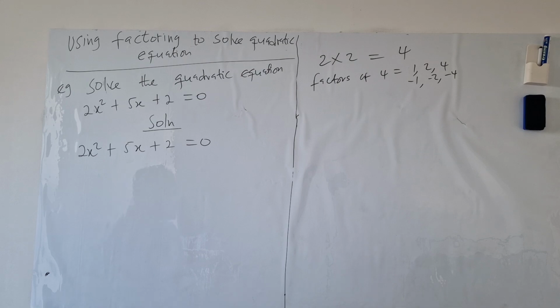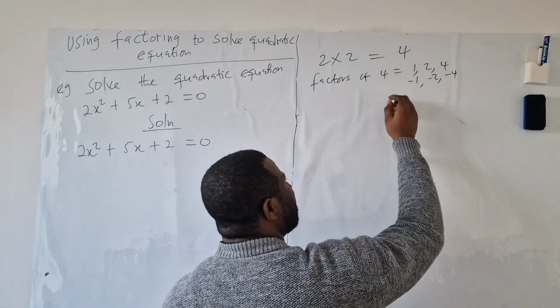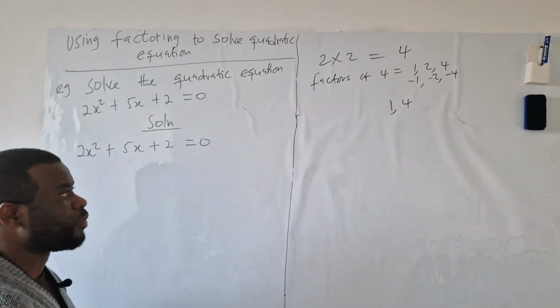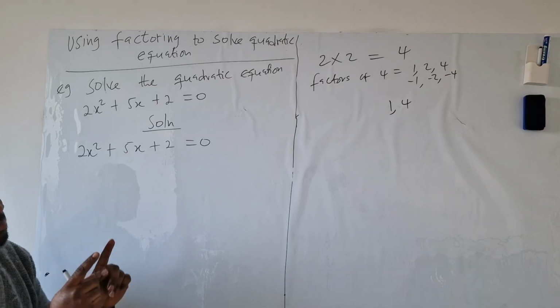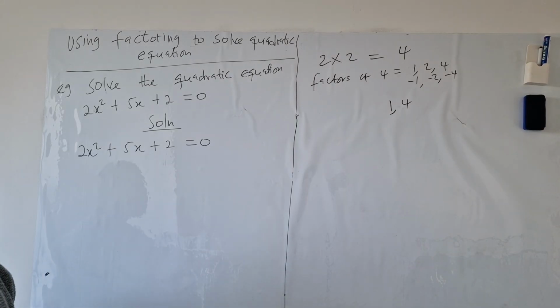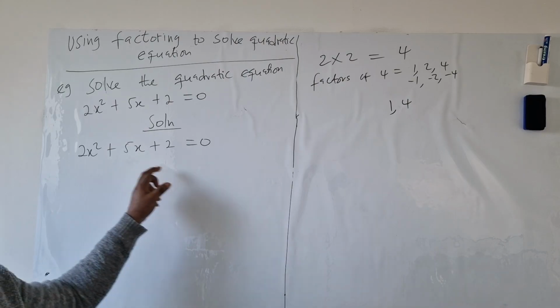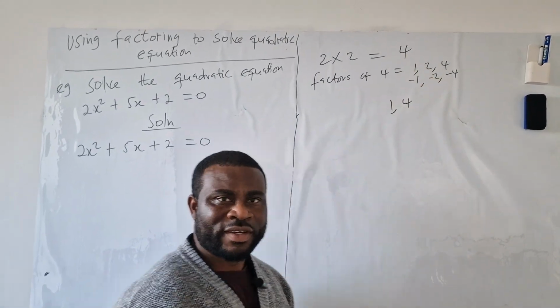Obviously, you agree with me that the 2 factors will be positive 1 and positive 4. Why? Because when we add positive 1 and positive 4, it gives the coefficient of x, which is positive 5. And when you multiply 1 and 4, it gives the product, that is 4.